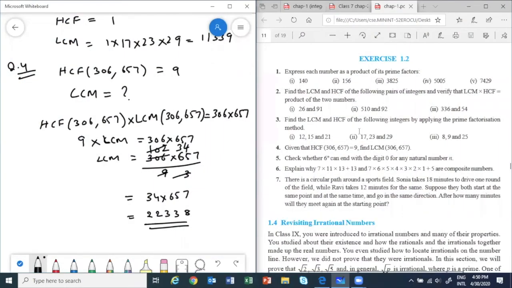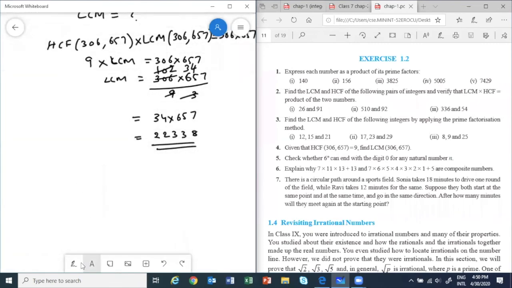Okay. See, fifth question we did yesterday. We did our fifth question, right? That check whether 6 power n can end with digit 0 for any natural number. So how we did, you remember something? Question number 5.